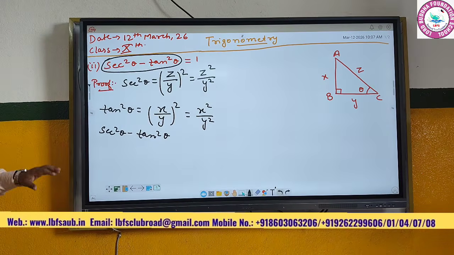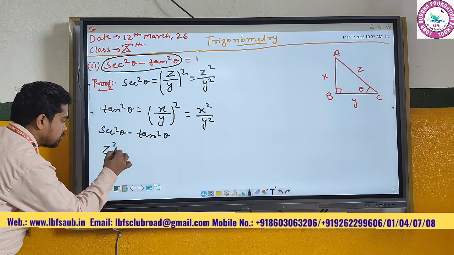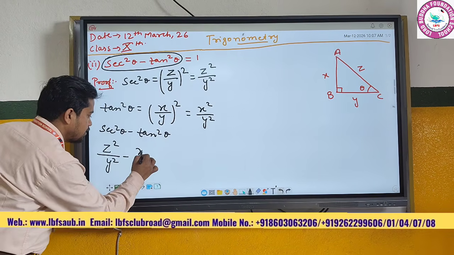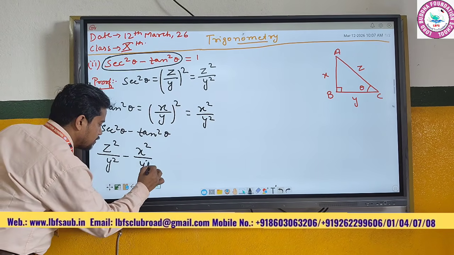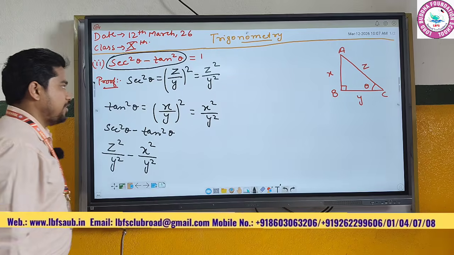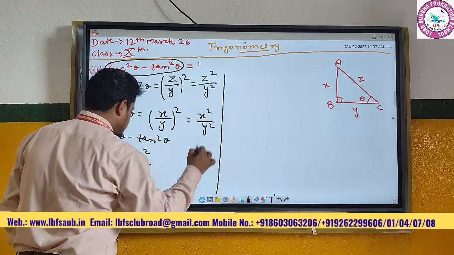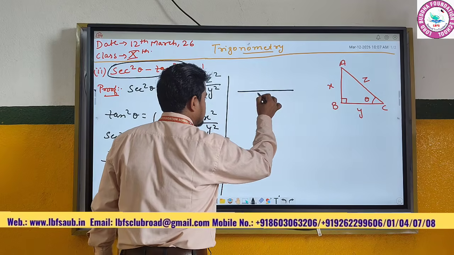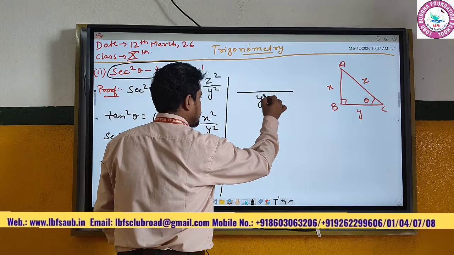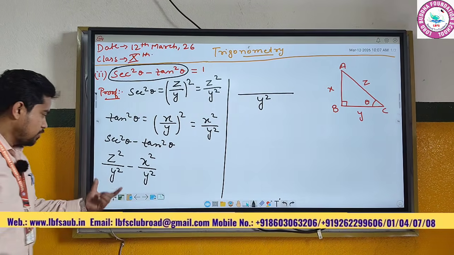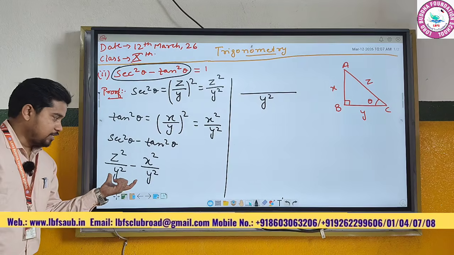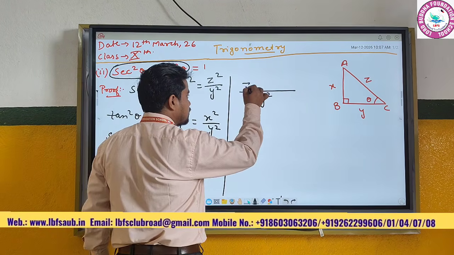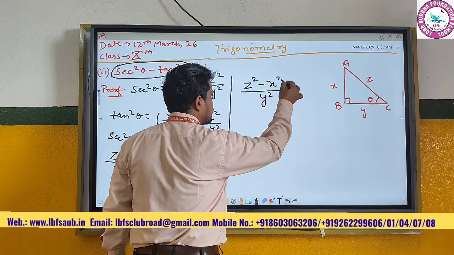Okay, the value will be z square upon y square minus x square upon y square. Okay, so we have to solve it. The LCM will be y square. We are solving this fraction. Okay, the value will be z square minus x square.